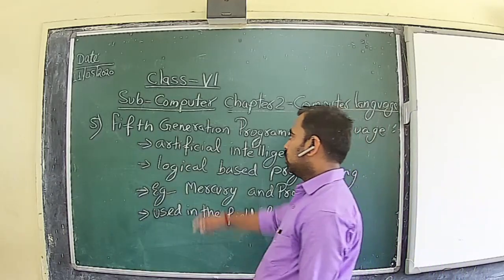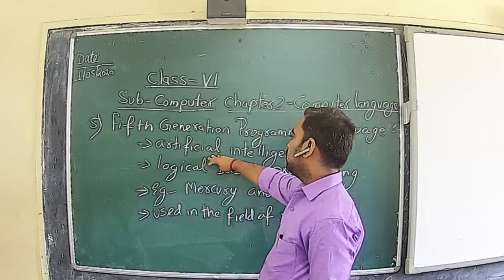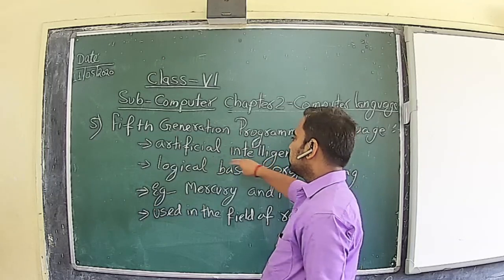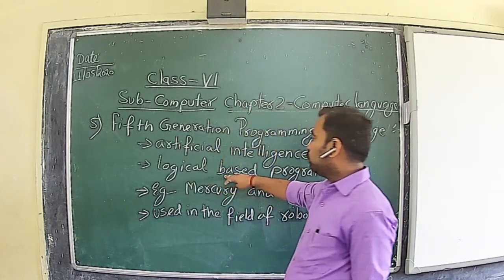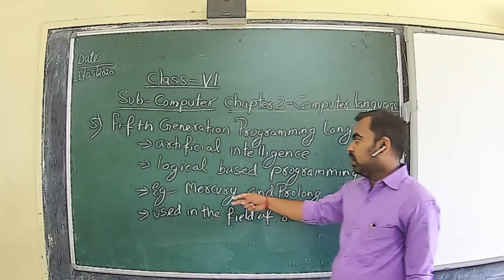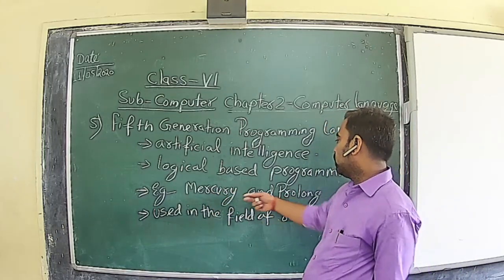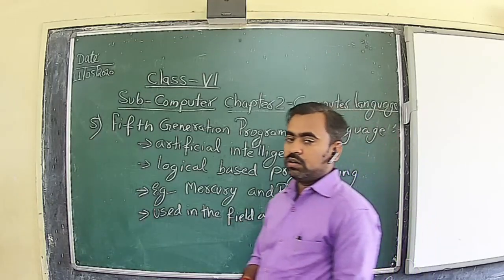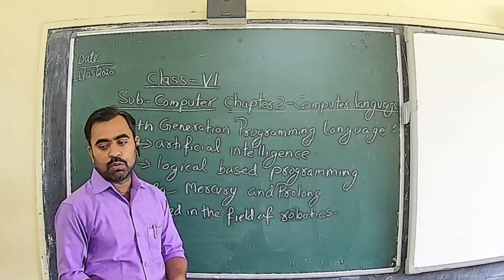Okay, so these are the few characteristics of fifth generation programming language. First one, it uses artificial intelligence. Second one, the programs created by using fifth generation languages are logic-based programming concepts. Third, the examples are Mercury and Prolog, and in general use it is used in the field of robotics.